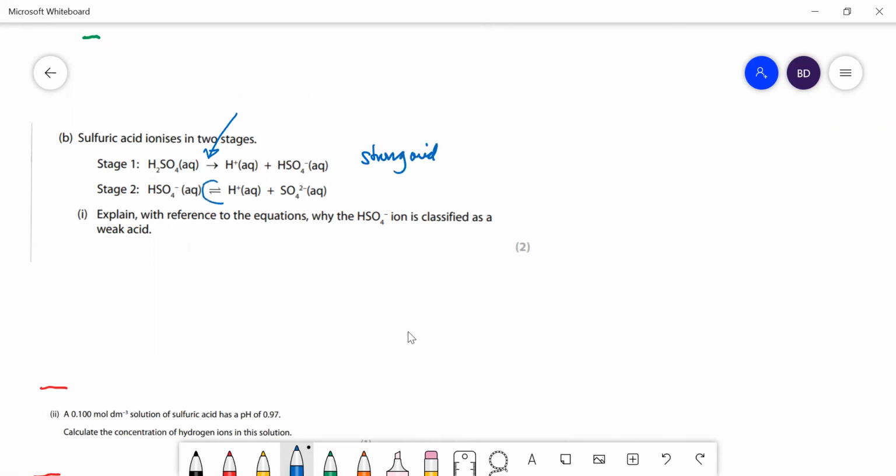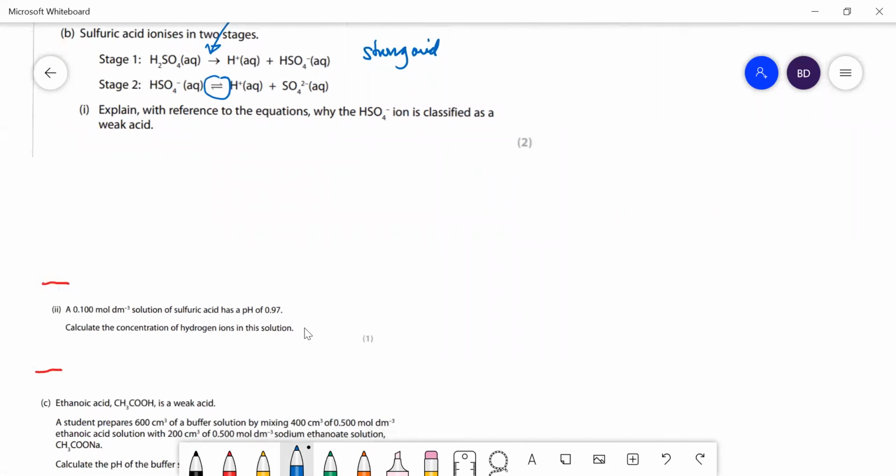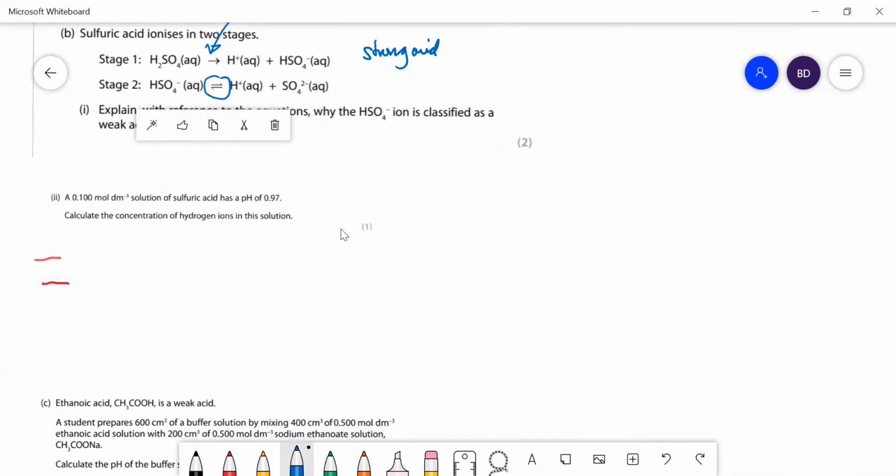But they've given an equilibrium sign here, so that means that it's reversible and it doesn't completely dissociate. So HSO4 minus is a weak acid. It doesn't completely dissociate or completely ionize.